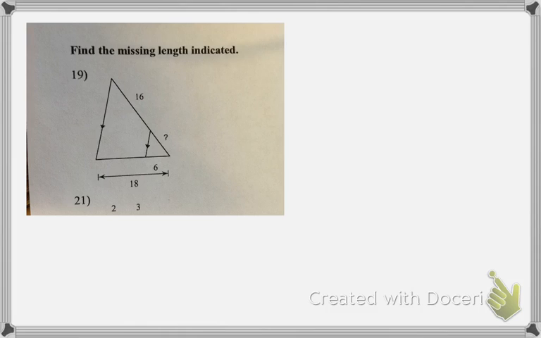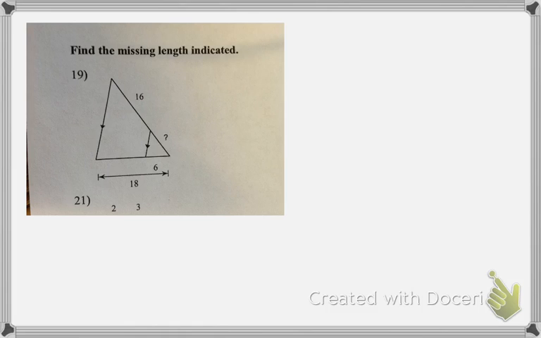The only difference from the last picture is that rather than having two separate figures drawn next to each other, they're embedded in each other. Do you guys see that? So when I'm looking at this, I have a big triangle and a little triangle. It's just that rather than having the little triangle separated out to the side, it's inside of the figure. You're still looking for similar parts and looking for a pattern.